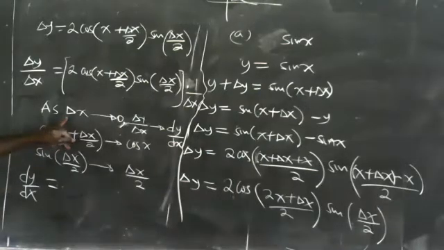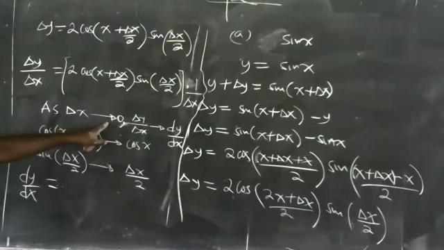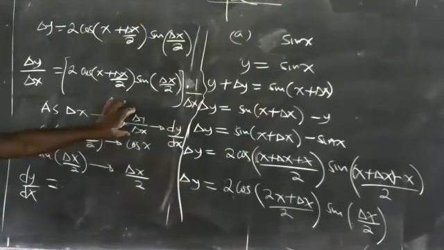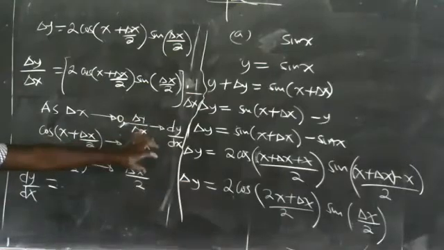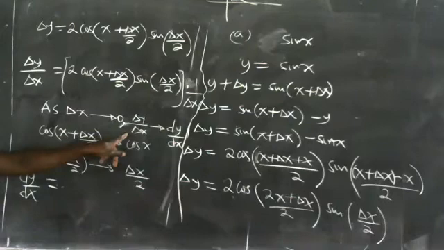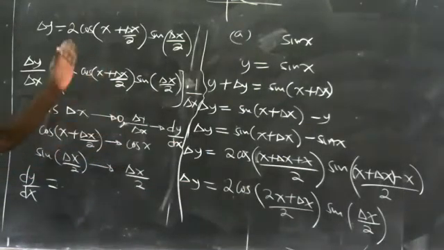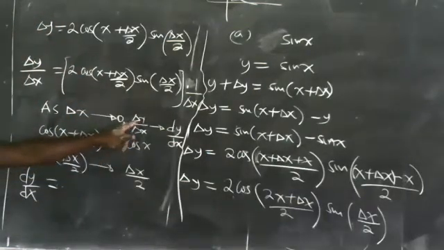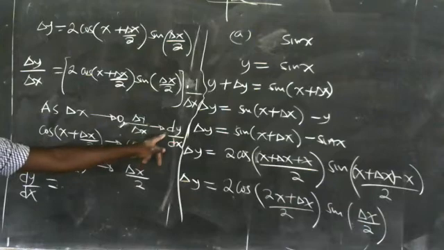As the change is tending to 0, right? The change's gradient becomes the actual gradient. It's just the increment in y over increment in x. As the gradient becomes a line, this change in y becomes the actual gradient dy dx.